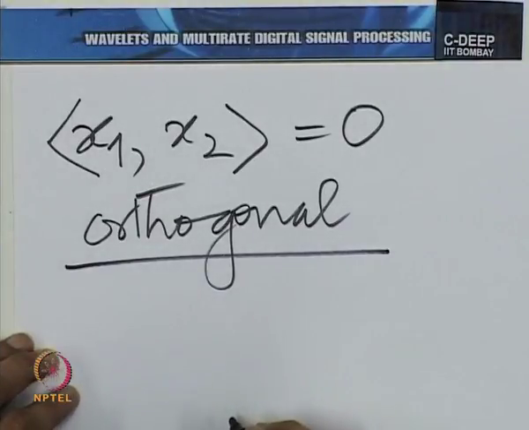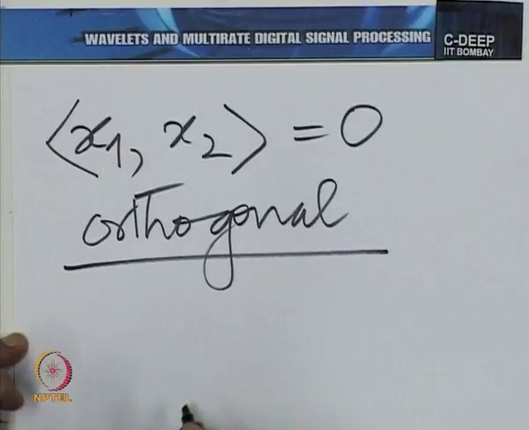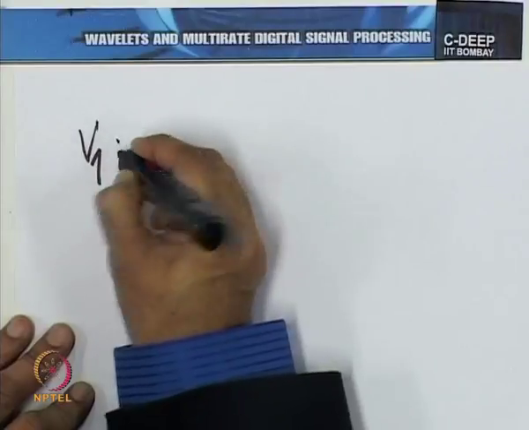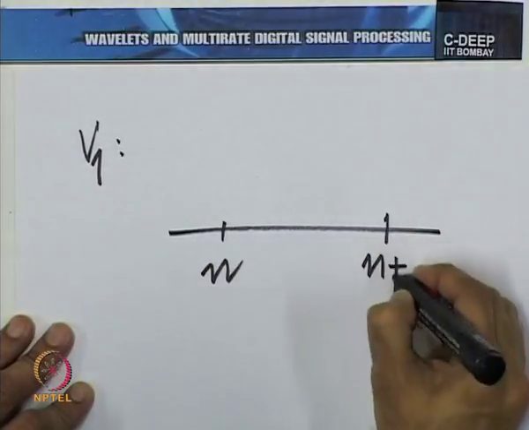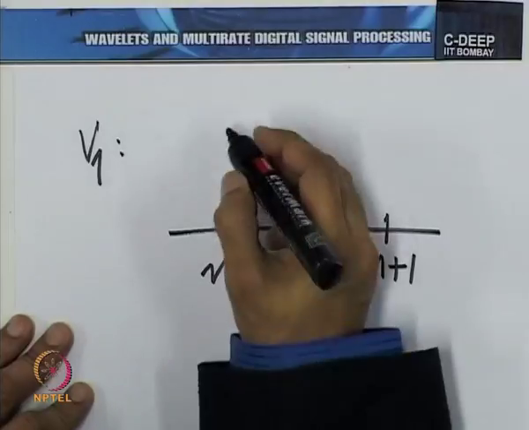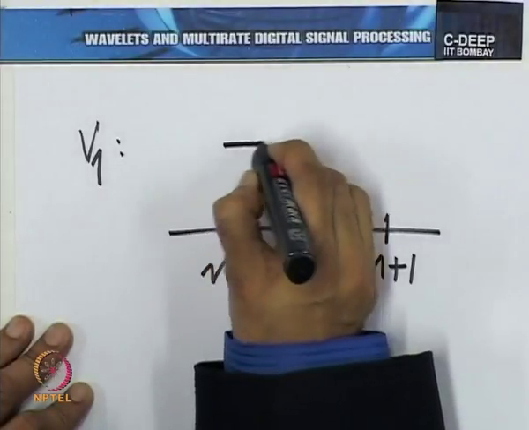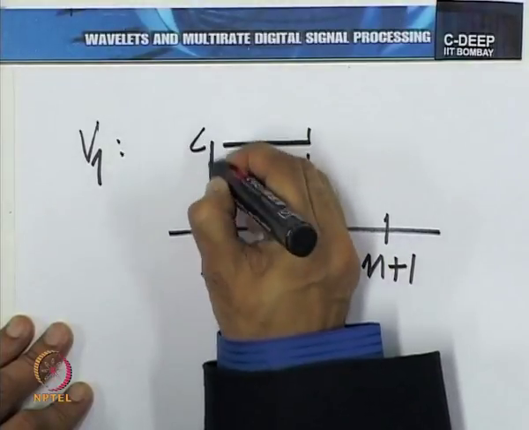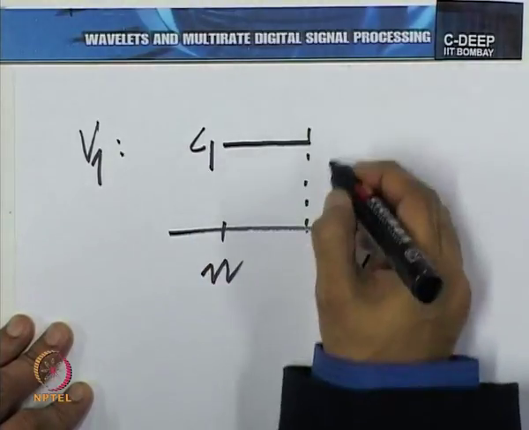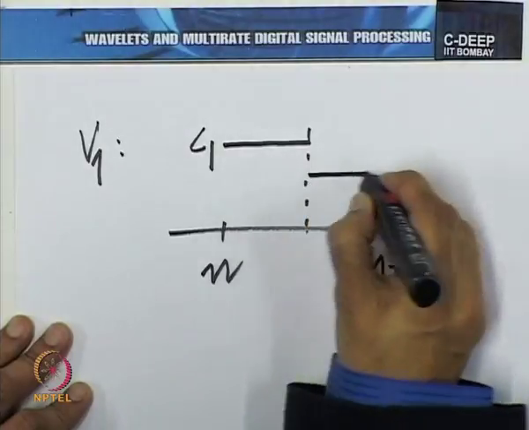What is more, take any particular function in V1 now. So, let us again focus on any one particular interval. Let us take the interval n to n plus 1 and let the function have the value, let us say C1 for the first half interval and C2 for the second half.